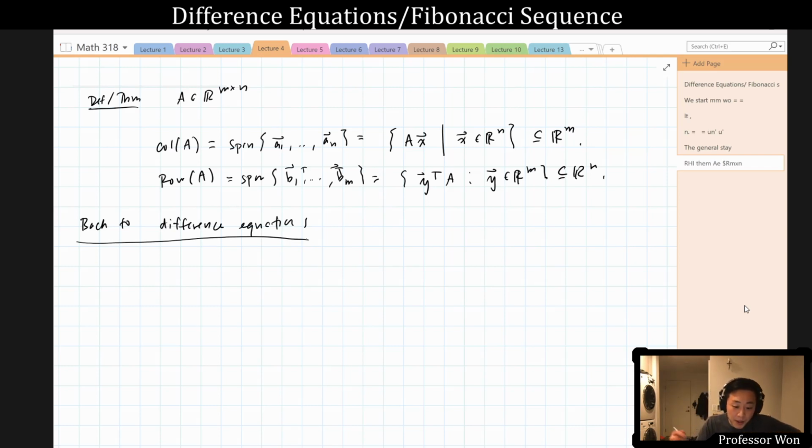Okay, so back to difference equations. We're now going to call our vectors w, state vectors. Let's call w_k the kth state vector.